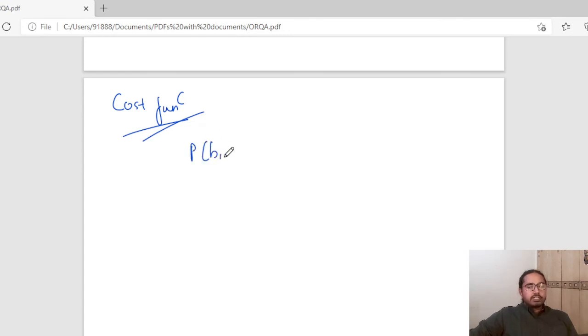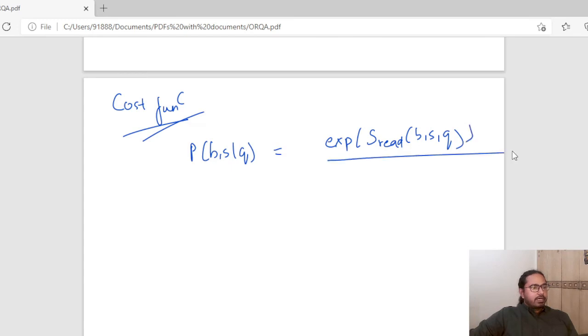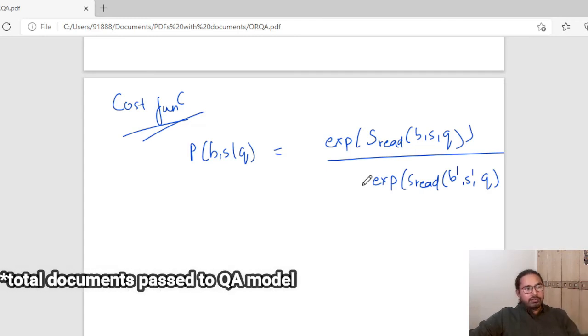So probability of a span in a particular block given a question Q is mentioned as the exponential of the reader score that particular block and span got for a given question, divided by the exponential of this reader value for all the blocks and all the possible spans that are present in the reader beam size, that is the total number of documents that we retrieve.